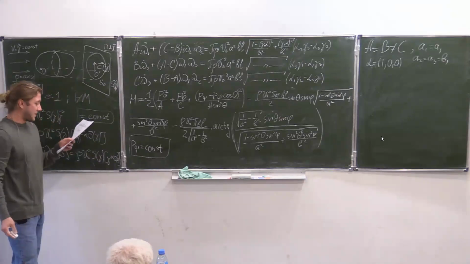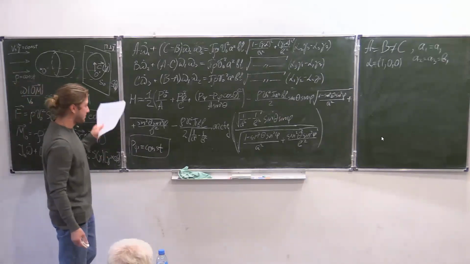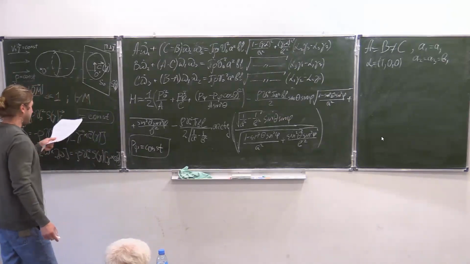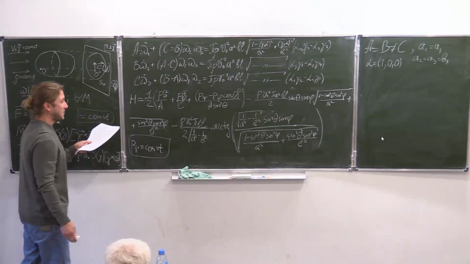Thus, we have a Hamilton system with 2 degrees of freedom. To find an additional integral of the system, we'll use the formulated theorem of Kozlov.